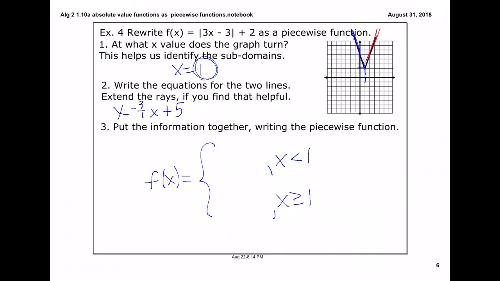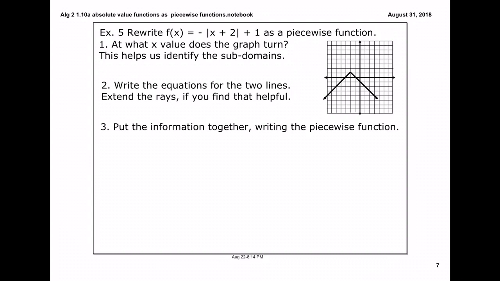Our second ray, or the right-hand side, I can tell that I'm rising 3, running 1, so if I go down to my y-intercept, I get y equals, we said we were rising 3 over 1x, and it crosses our y-axis at negative 1. We then put those pieces, so 3x minus 1 as our ray on the right, and negative 3x plus 5 as our ray on the left.